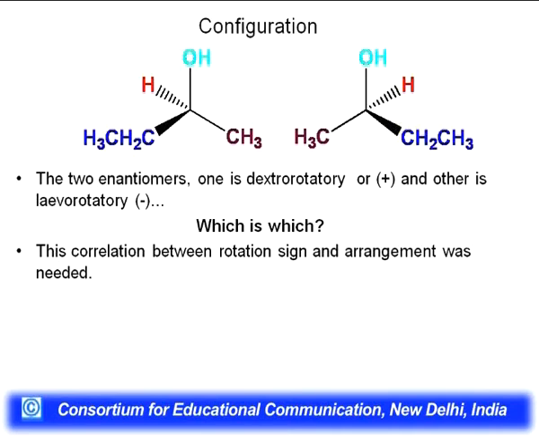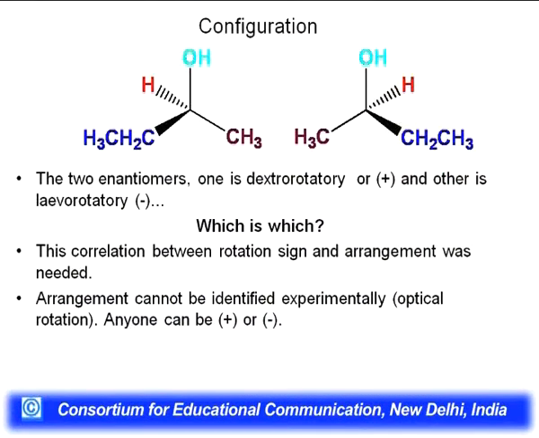The problem was that the chemists were not able to assign the rotation sign to a given stereochemistry. What do I mean by this? Out of these two molecules, which is the dextro one and which is the levo one, they never knew. They knew there are two possibilities for the structures, but which one is dextro and which one is levo was not known.